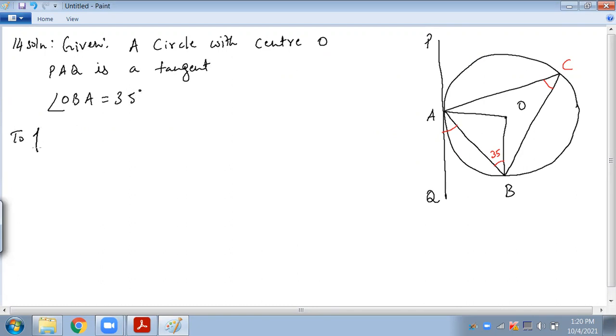And we have to find what angle BAQ and angle ACB.